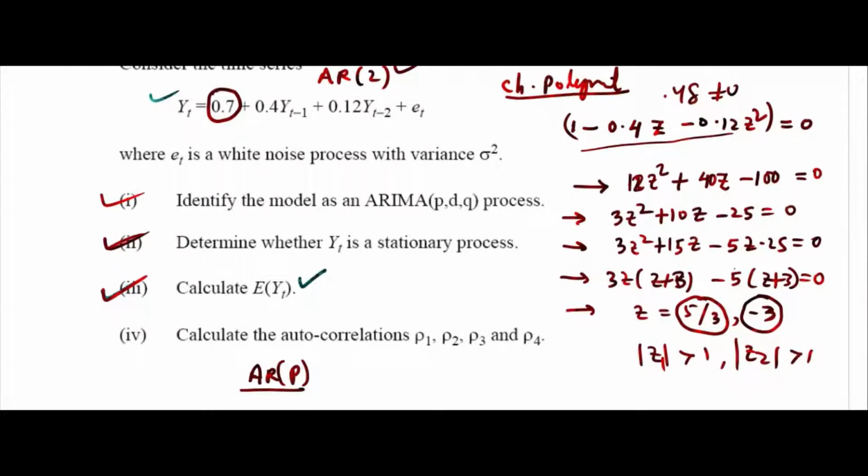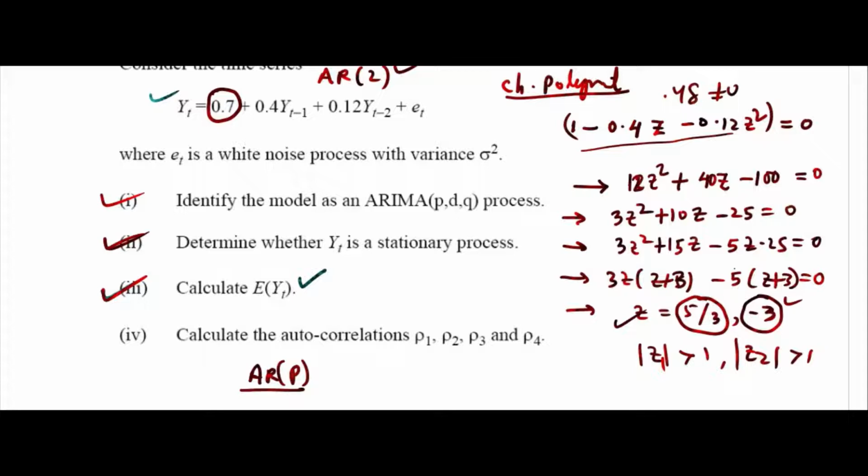Maybe after 1 or 2 classes we'll see all those. I will show you through our coding, the beautiful realizations you will be able to see and you will be able to understand. Okay, if you get a data, you will be able to apply some model. Just remember, not all ARP processes are stationary. You have to check for the roots. If the roots are greater than 1 in absolute value, this is a stationary process.